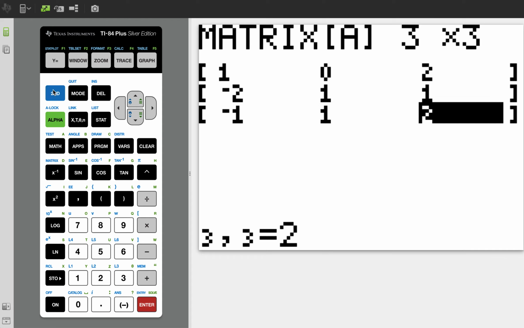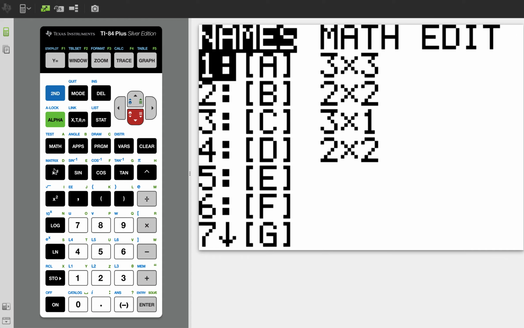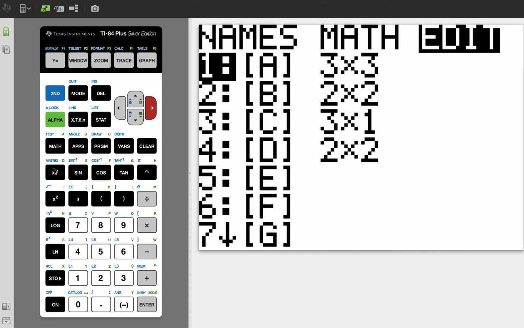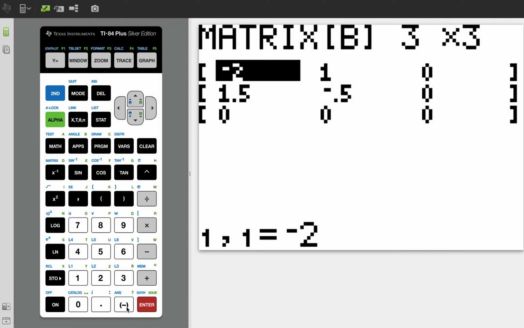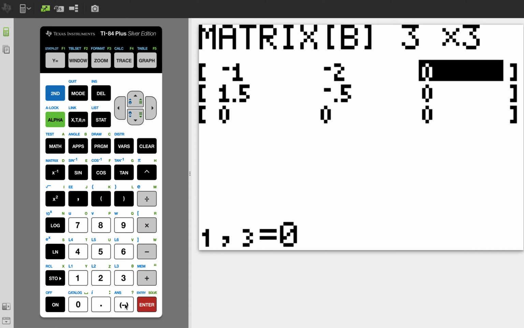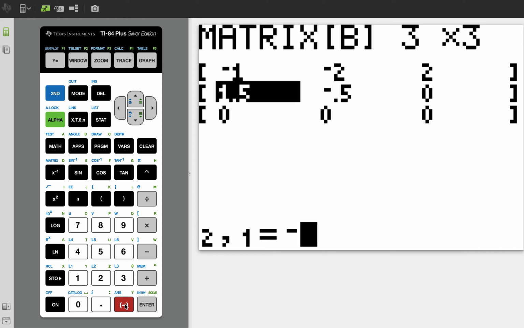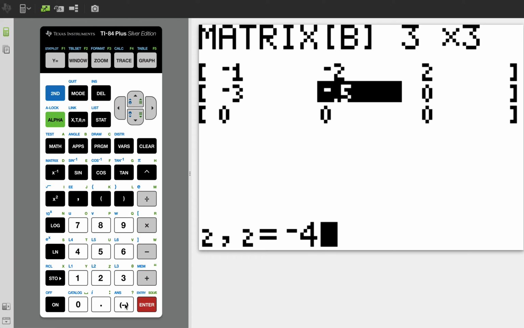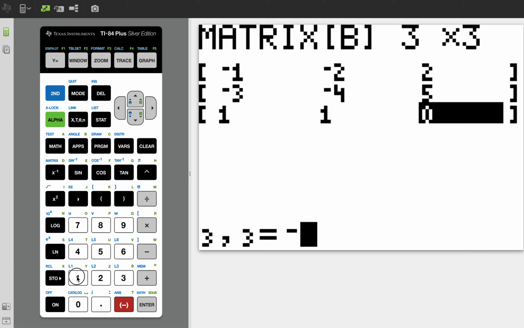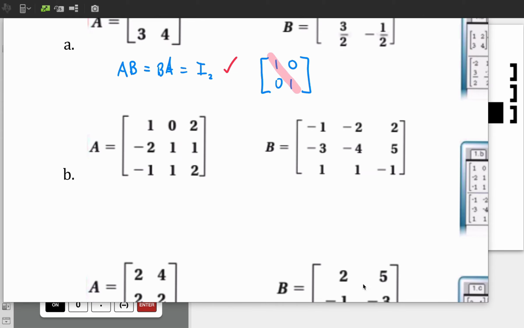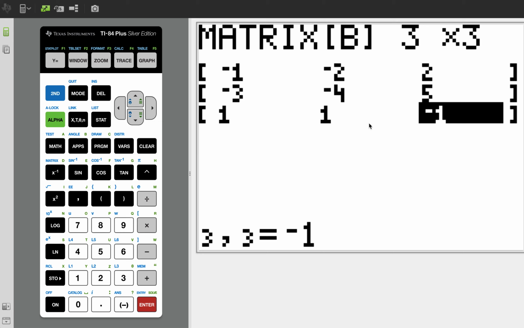Okay, now go back into the matrix here, and I'm going to edit the second one there. And again, make this one a 3 by 3: -1, -2, 2, -3, -4, 5, a 1, and a -1. Always good to double check that these numbers match up, and they do.